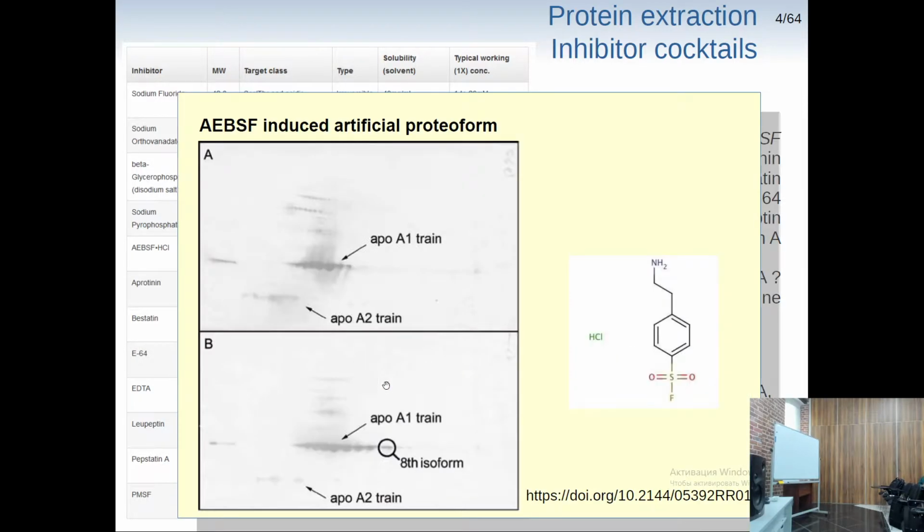But if you use this ABSF, there is a problem because it's irreversible, it binds to proteins, and actually this molecule carries some charge, as you can see, there is this group and this group, and even if one group is used to attach to the protein, the other group has some charge on it.